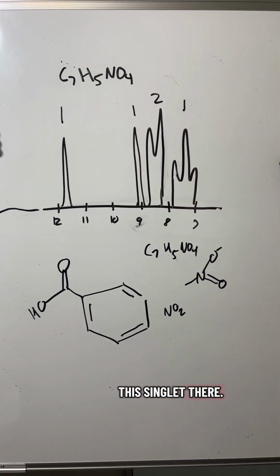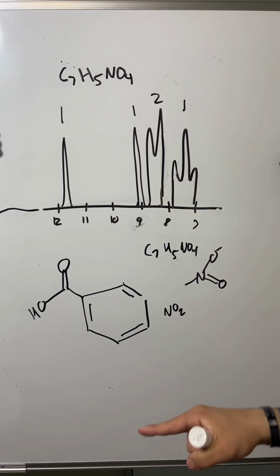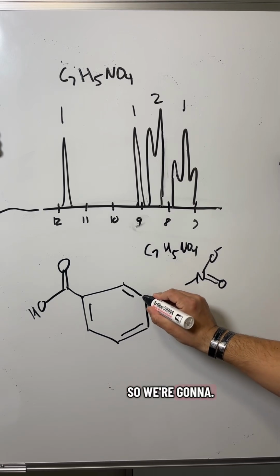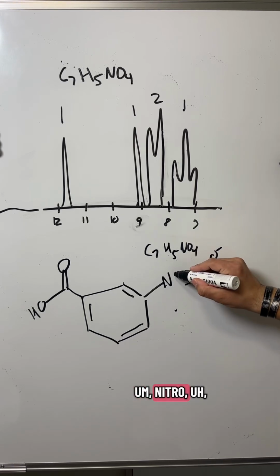So we have this singlet there. We have one pretty downfield proton that was definitely a singlet. We have one that's a triplet, and then we have one that's sort of a doublet, or maybe 2 signals. If we have one singlet, we need to isolate one of these protons. So I'm going to put our nitro group there.